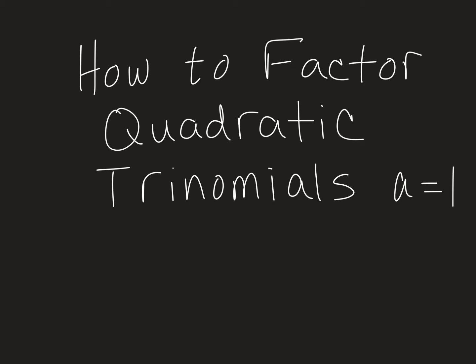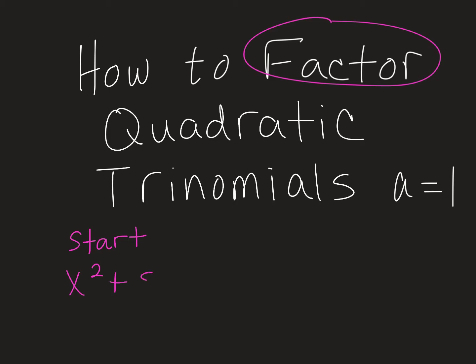So now let's talk about the part of the learning target that I glossed over, which is factor. What is it exactly that we're getting ready to do with this quadratic trinomial where a is equal to 1? We're going to start with the quadratic trinomial, and we're going to do the exact opposite of what we did in the previous video.